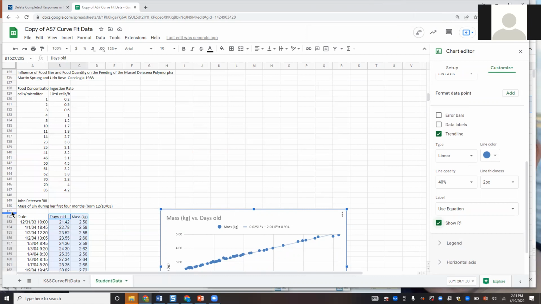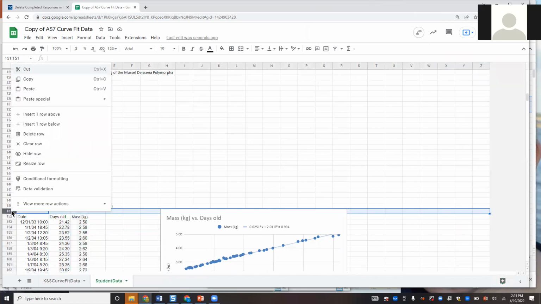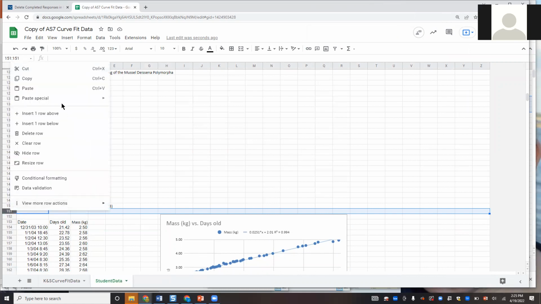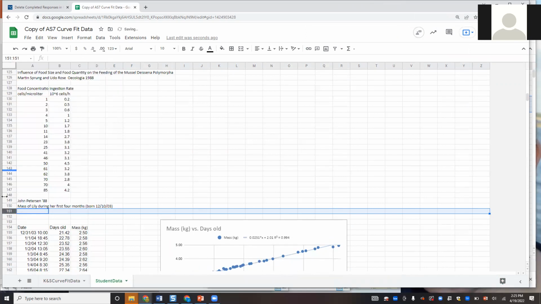So what I'm going to ask you to do is to insert a couple of rows between the title and the labels that are above the data. So I'm inserting a couple rows here so I can write my equation. My equation in this case is a generic equation of a line, y equals mx plus b.